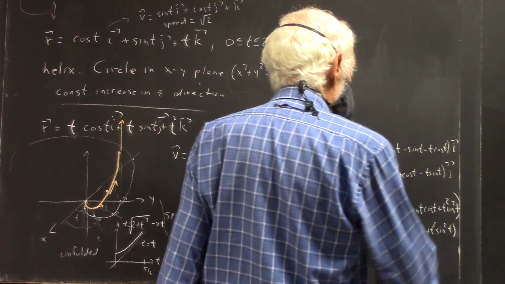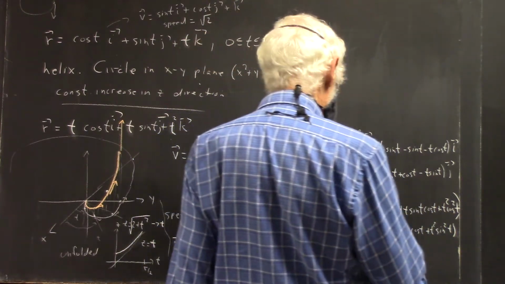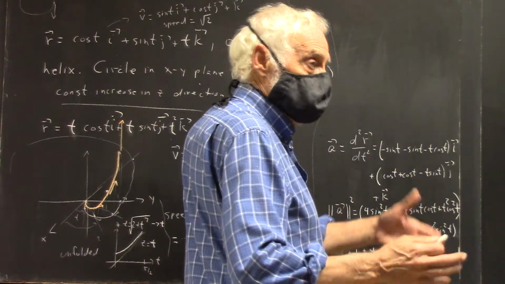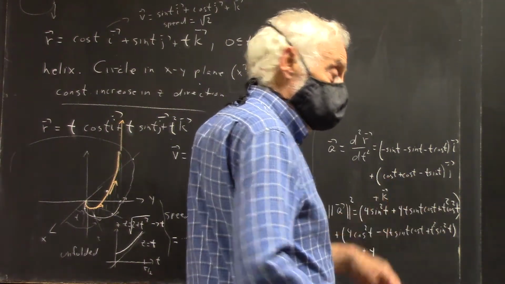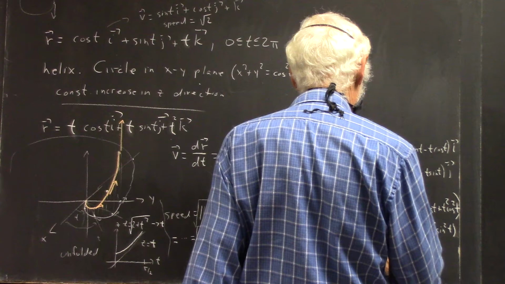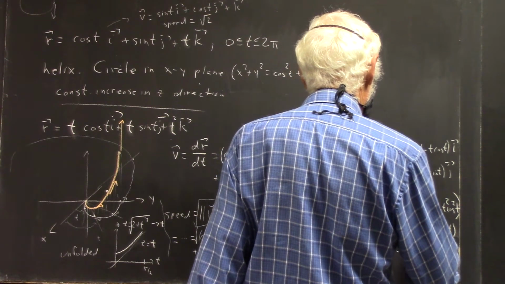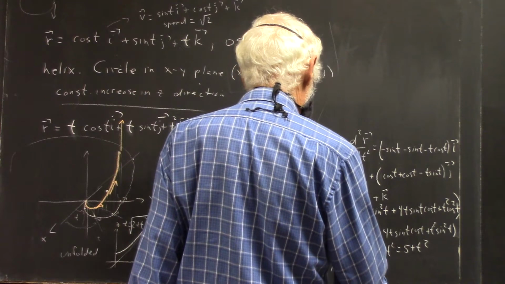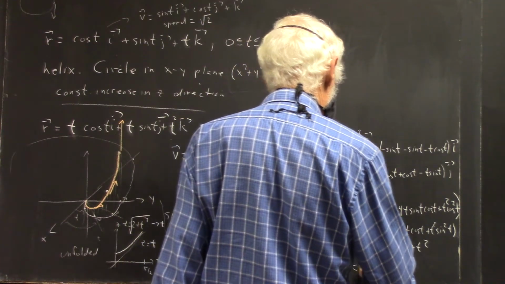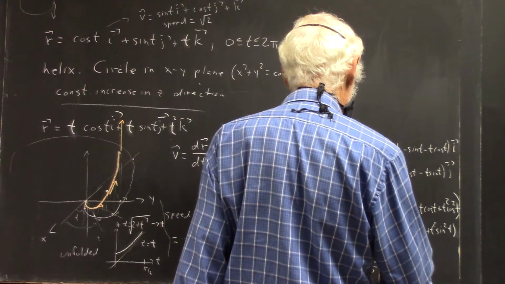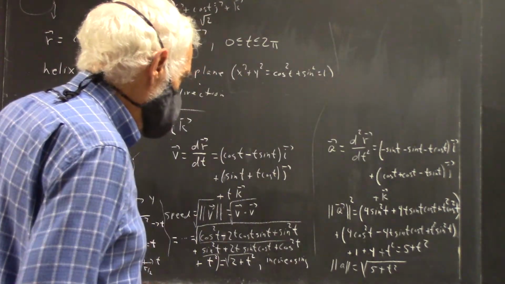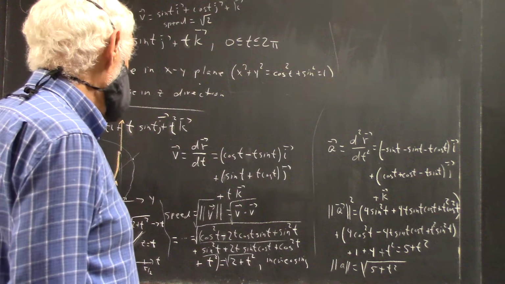Okay, then from the t squared cosine squared t plus t squared sine squared t, factor out the t squared. You've got t squared times cosine squared plus sine squared, which is just t squared times 1. So you have plus t squared equals 5 plus t squared. So the magnitude of a is the square root of 5 plus t squared, if I did that right.